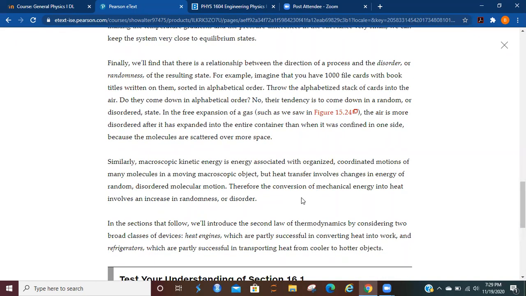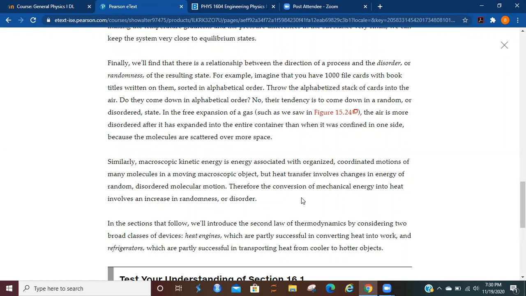What we're also going to be doing is talking about irreversible processes and their direction through the concept of entropy. Sometimes it's referred to as disorder, but that's not really the best way to categorize this.